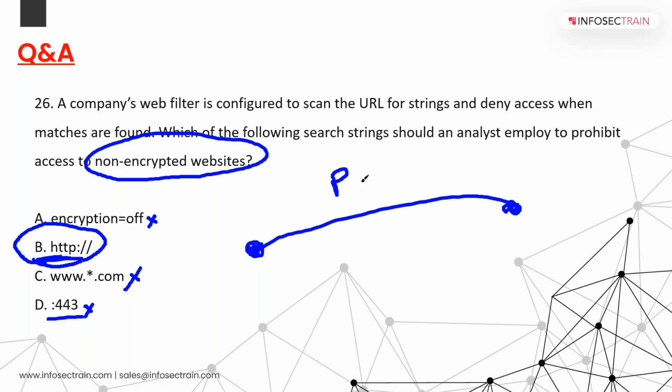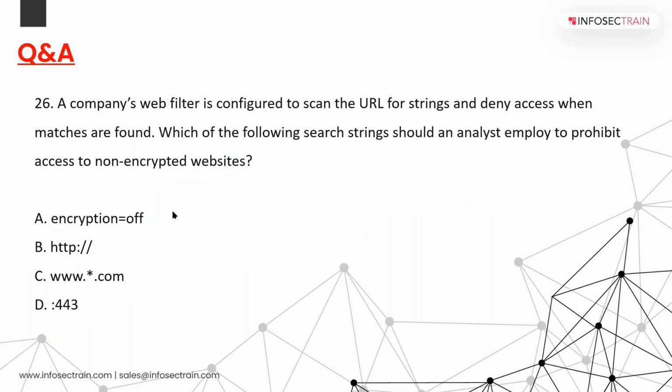The sending as well as the receiving is all in plain text. So in this situation, rightly given, the correct answer is HTTP, which we have to protect, the non-encrypted website. Okay, perfect.